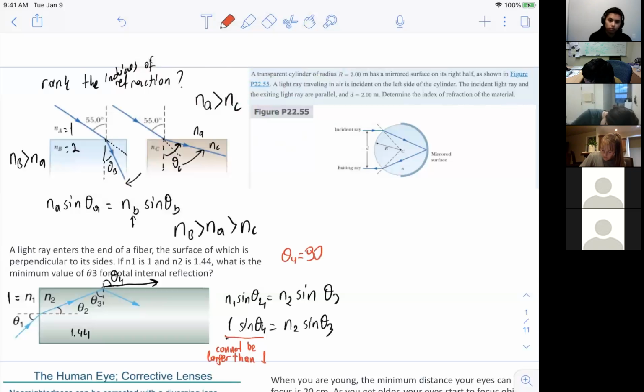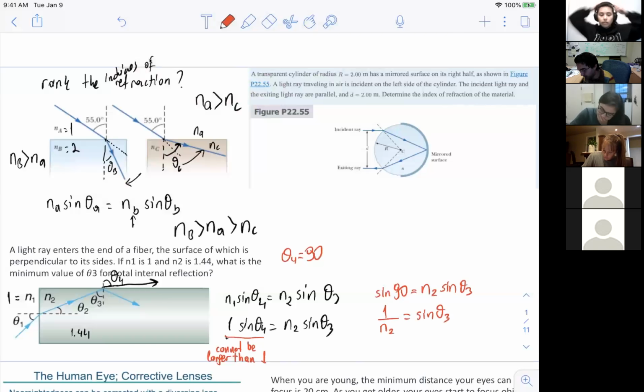So sine 90 for theta 4 will be N2 sine theta 3. Sine 90 is 1, and I put N2 at the bottom, the denominator, and you have sine theta 3. Then you have 1 over 1.44.